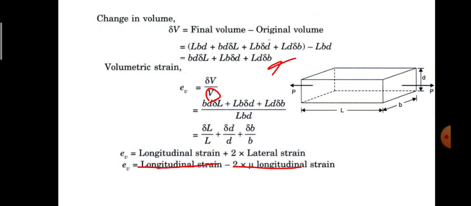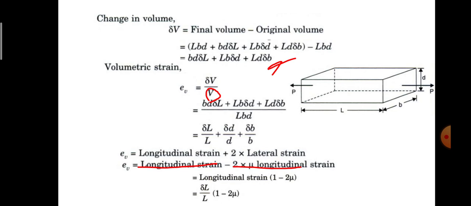So EV is equal to longitudinal strain minus 2 times mu into longitudinal strain. If I take the longitudinal strain common, it is longitudinal strain into 1 minus 2 mu. As I know, the longitudinal strain is delta L by L, multiplied by 1 minus 2 mu.